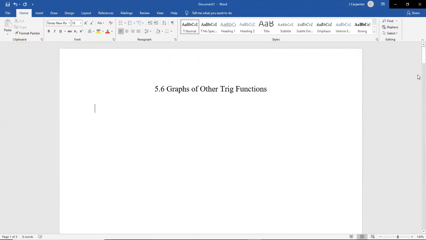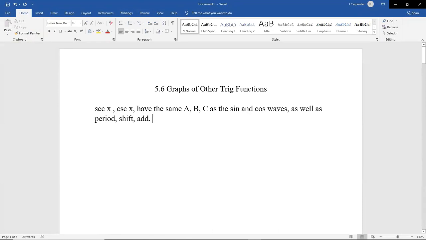So now, what do I mean by other trig functions? I mean not just sine and cosine, but tangent, cotangent, secant, and cosecant. So secant of x, cosecant of x have the same A, B, and C as sine and cosine waves, as well as period, shift, all that stuff.